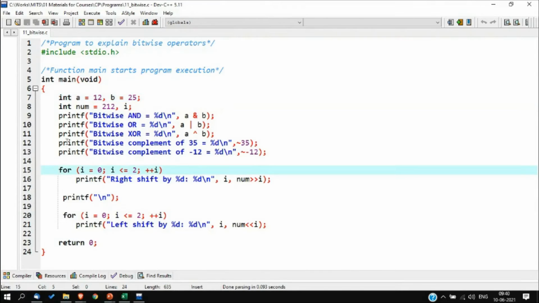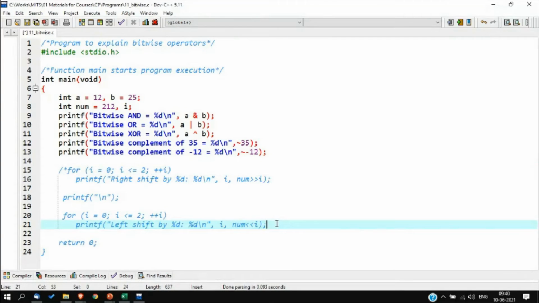I have commented out the right shift and left shift part, because we will see that later. What we have seen till here is bitwise AND, bitwise OR, bitwise XOR, and bitwise complement. The num and I are for the next operations.